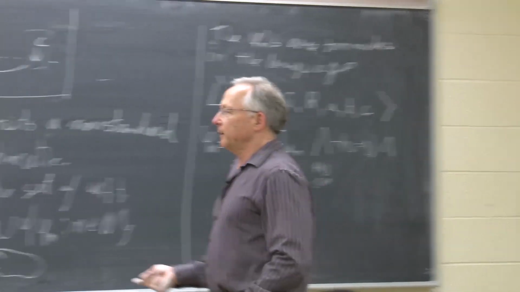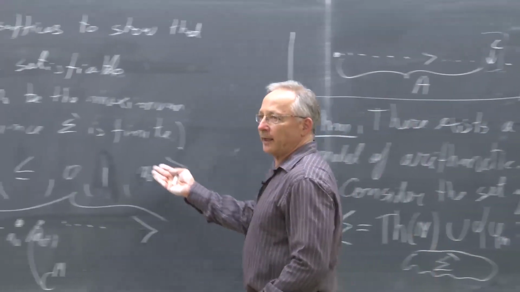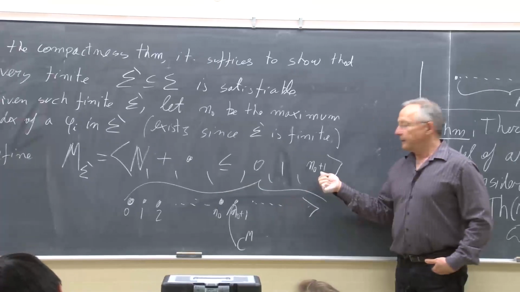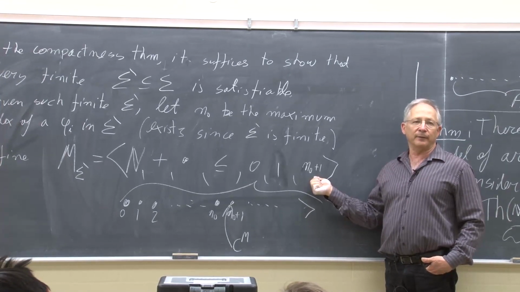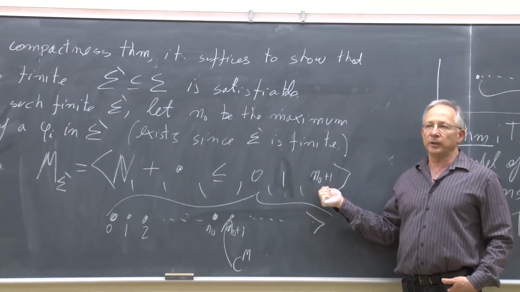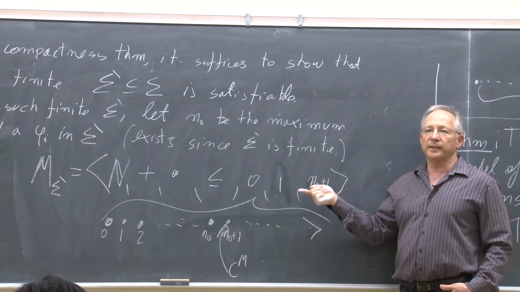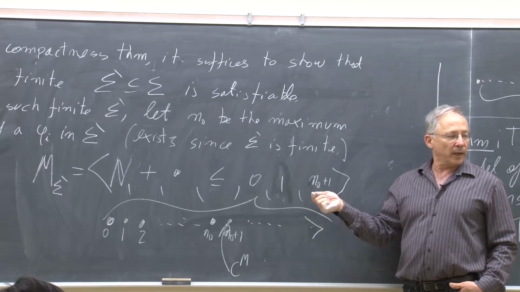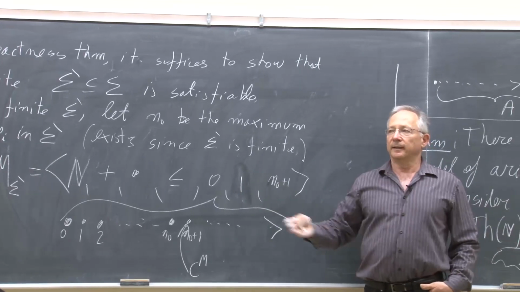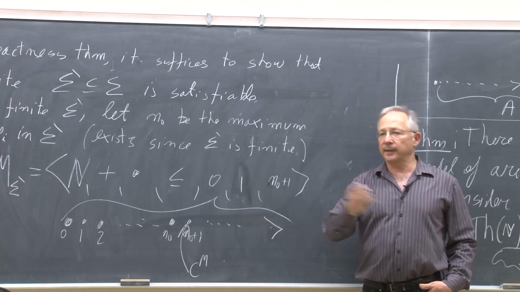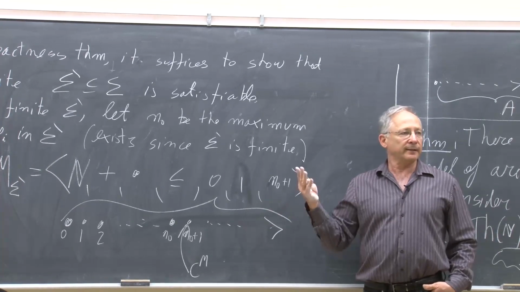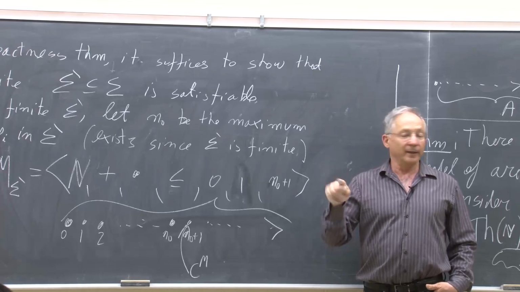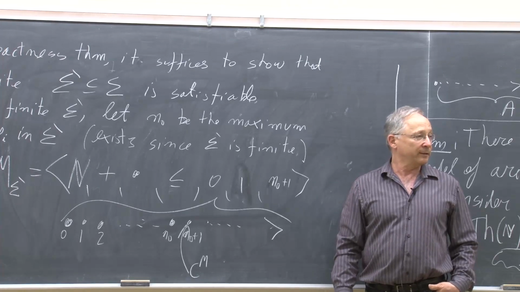What I have here is the structure N. I just gave another nameless element a name. In the language, initially, I only had names for 0 and 1. So now I have the same group of elements with the same relationship between them, with the same functions and everything. Just I took another member and told him, you now have a name. You're called C.